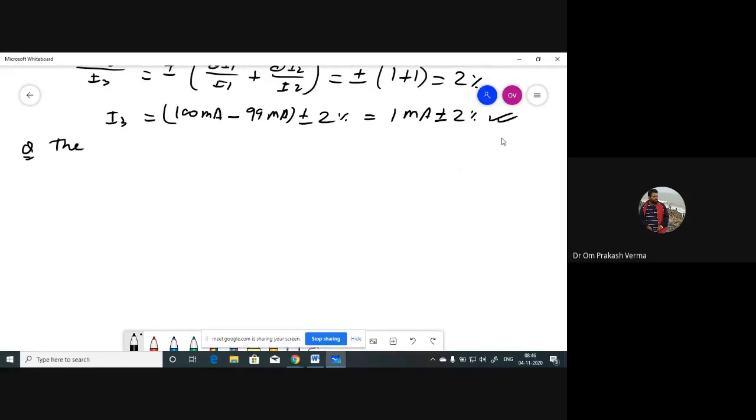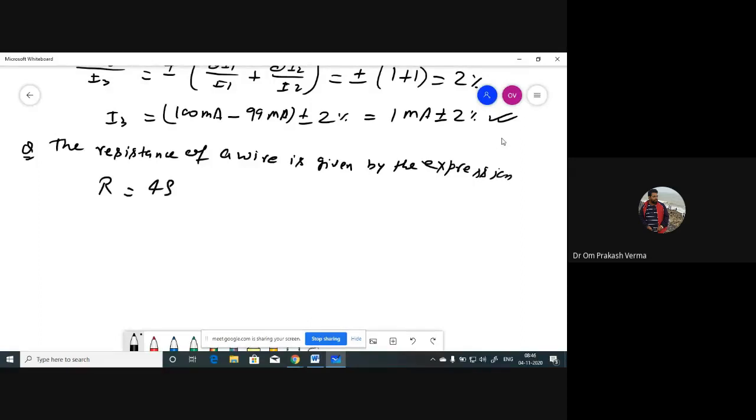The resistance of a wire is given by the expression R equals 4 rho L divided by pi d square, right?